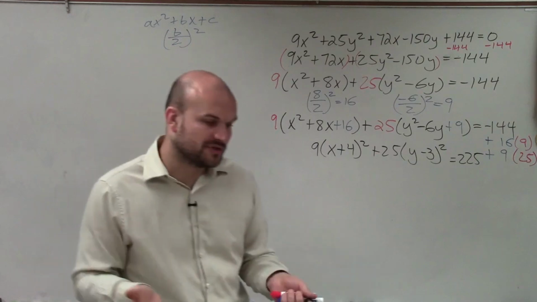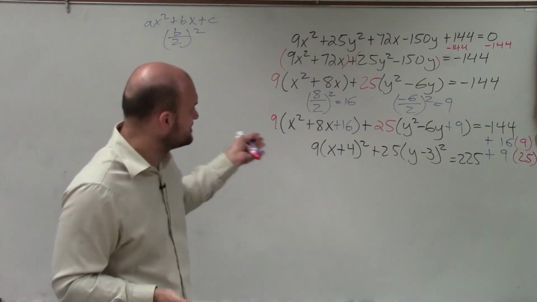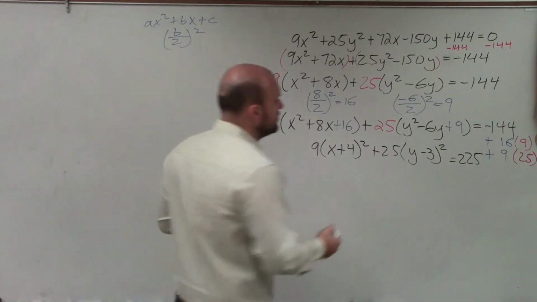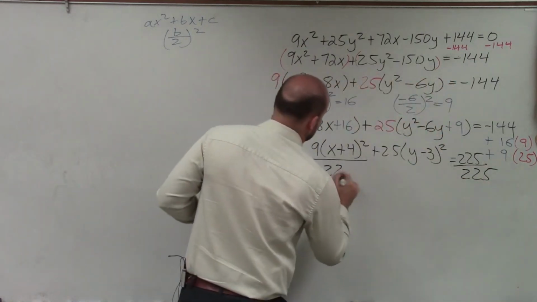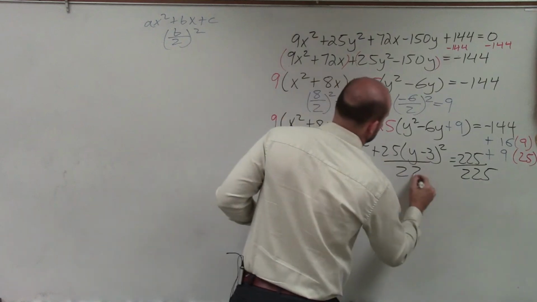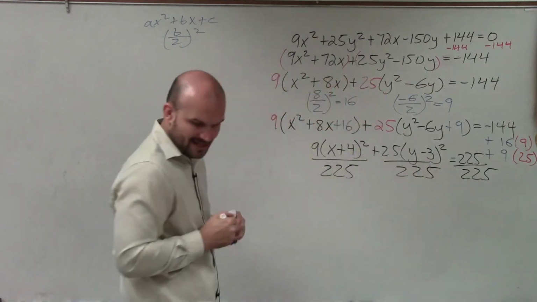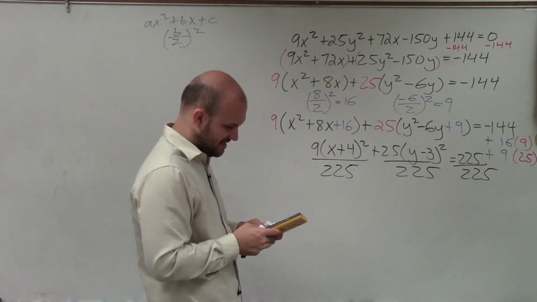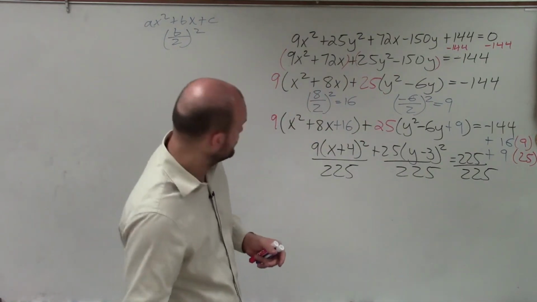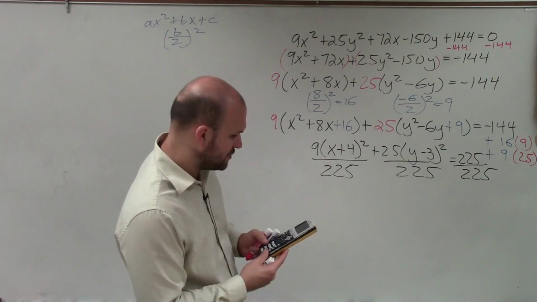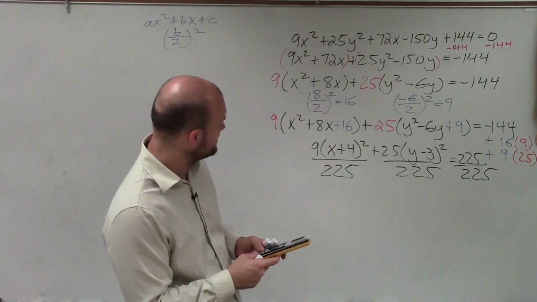However, remember, in our standard form we have to divide by 225 because we want it to equal 1. And I divide each one of these other terms by 225. And then I'm going to reduce. So that goes to 1 over 25, and that's over 25 times 9, right?